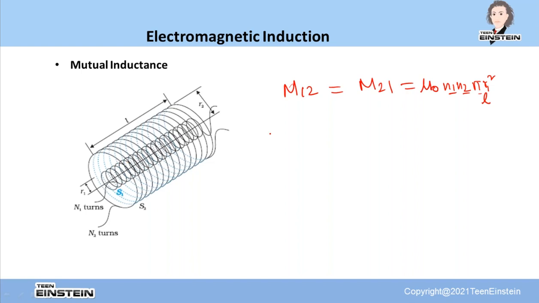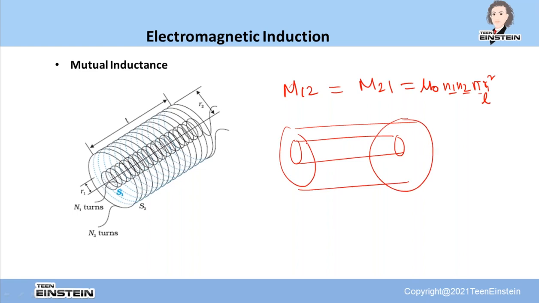So now I have got the mutual inductance. In a practical situation, I have two coaxial solenoids like this, and there is a current I1 passing through the inner solenoid S1, and this is S2. You have to find out the induced EMF in the outer solenoid.